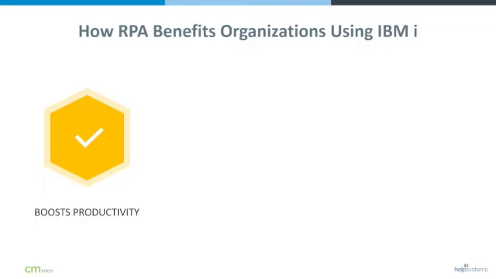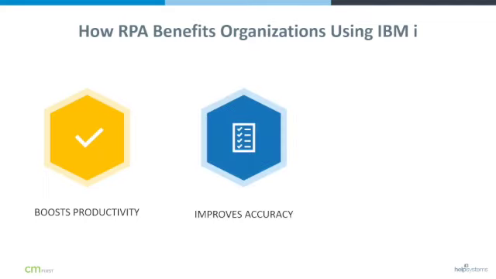These RPA bots mimic repetitive, rule-based human tasks and communicate with your IBM and other business systems to streamline business processes. As far as boosting productivity, it frees up your staff for more strategic projects. It eliminates daily data entry tasks, Excel management, email management, and then the human only needs to get involved if there's some type of exception or some type of error.